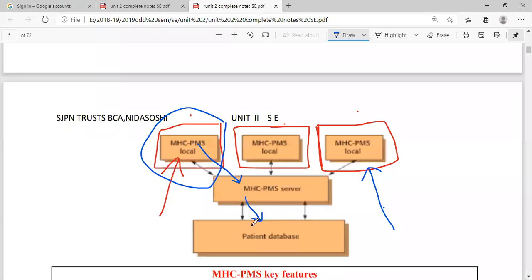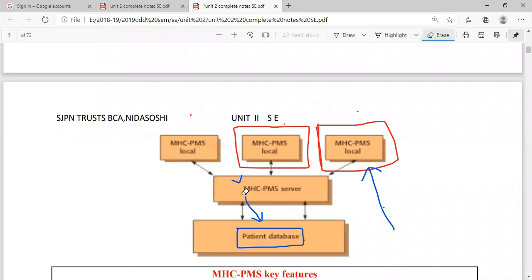So every detail about the patient, like what kind of treatment is given, which medicine is given, how many times the patient has to take the medicine, what the dosage is, all these things are highlighted there.